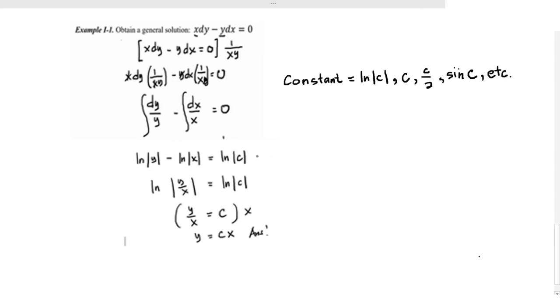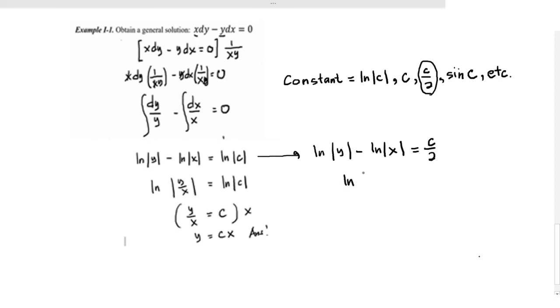At this time, I'm going to try this c over 2. So again, we have ln of y minus ln of x is equal to c over 2. And then we can condense the terms on the left side.